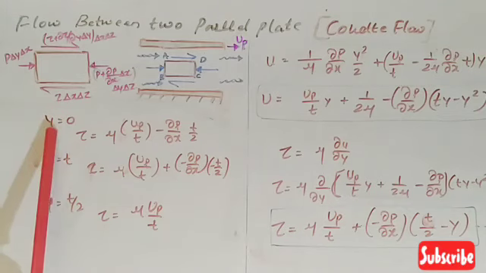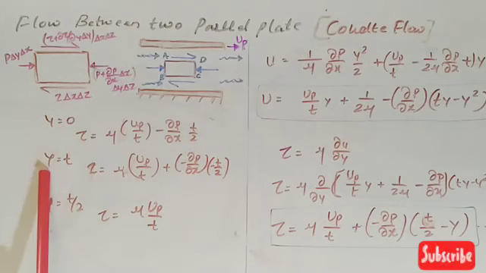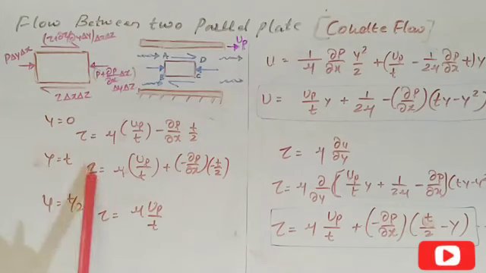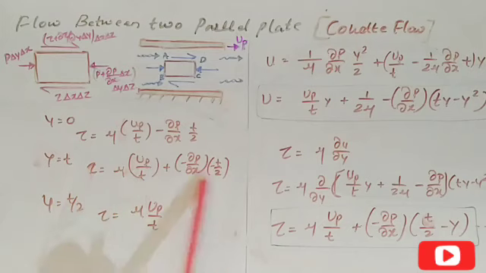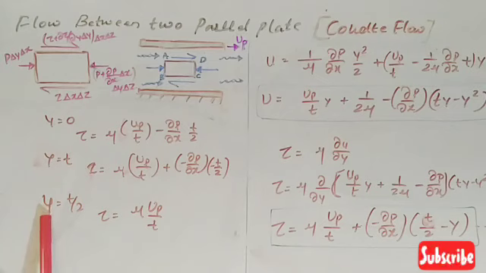So these are the three different conditions. When y is equal to 0, this is the equation. When it is at a distance t, this is the equation used to derive the shear stress at that particular point. And at the middle, that is y equals t by 2, this is the shear stress value. To identify the zero shear stress value, I must equate, but I don't know where the minimum shear stress value is.